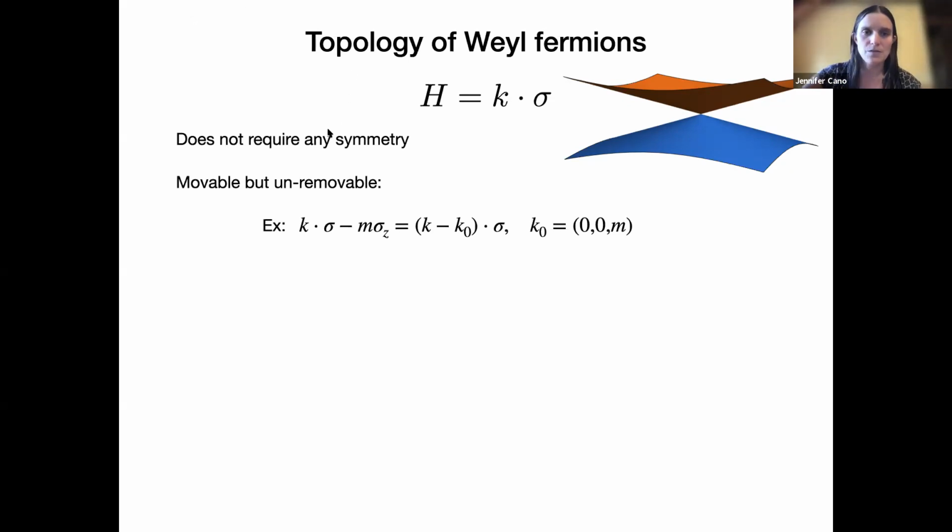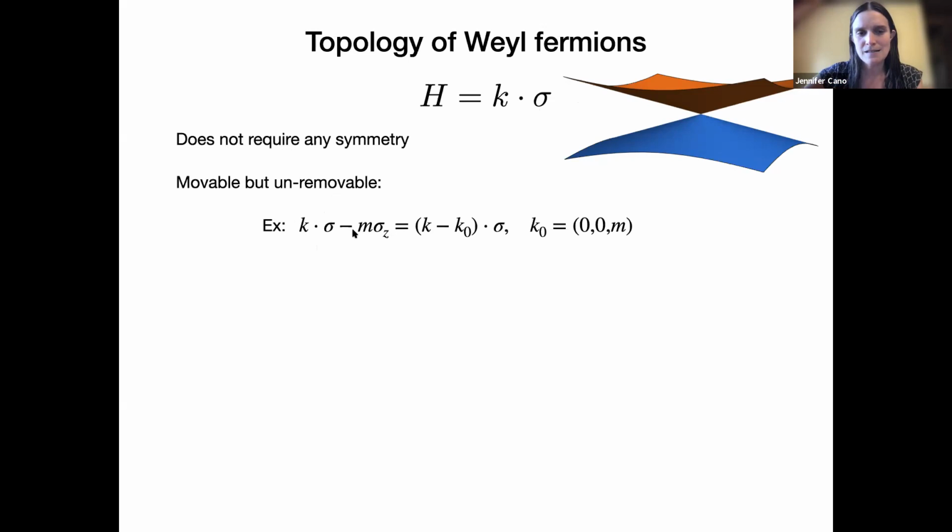So some important points about Weyl fermions. They don't require any symmetry to protect this crossing. That was another thing that threw me off when I first started learning about this. How can there be a band crossing that doesn't have any symmetry protection? How can we not gap it? I think the easiest way to understand this is that suppose you have this k dot sigma Hamiltonian, and suppose you were to try to gap it by adding in some other term, any one of the Pauli matrices.